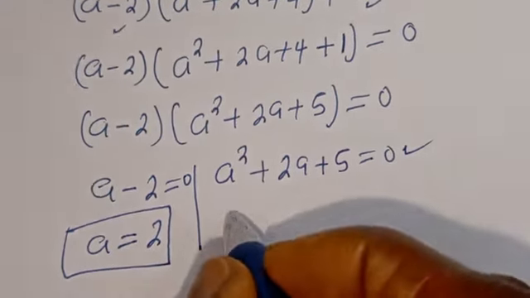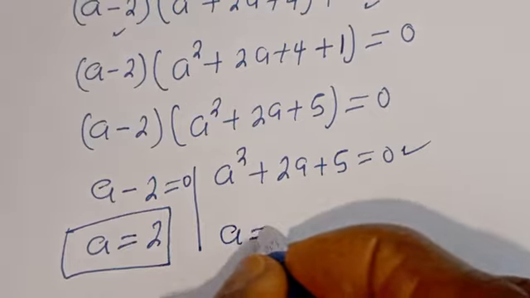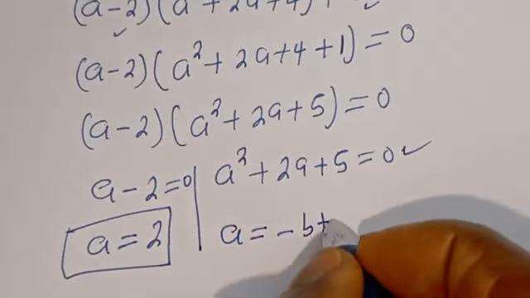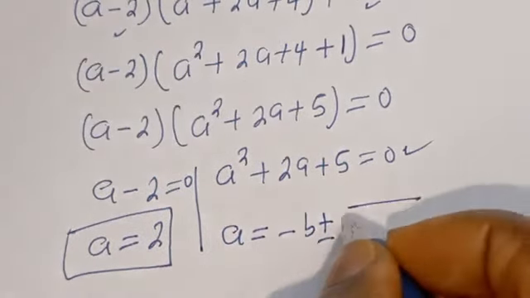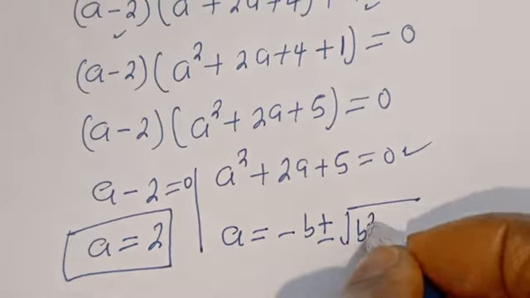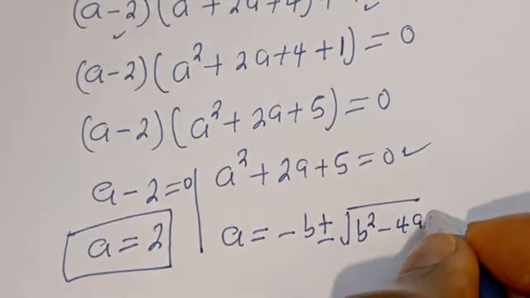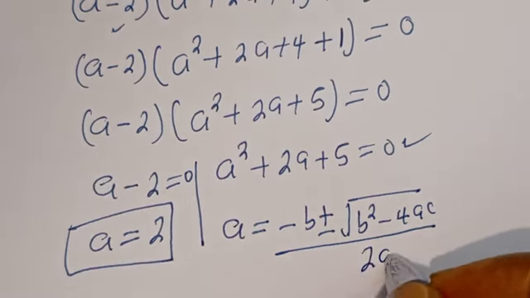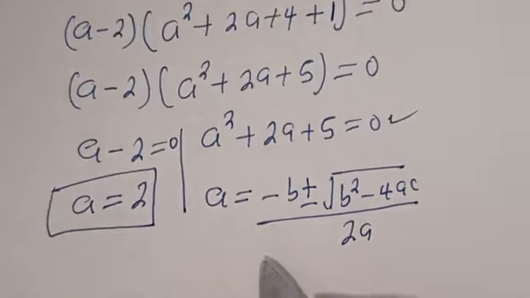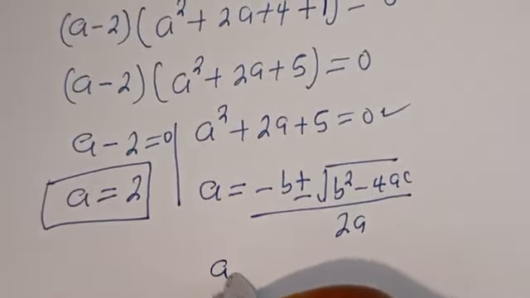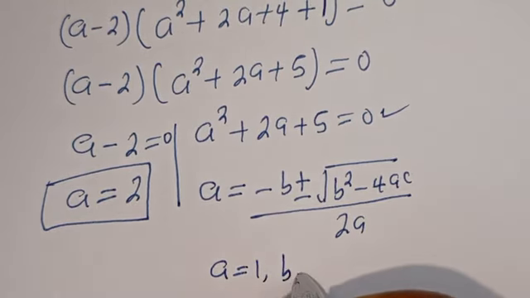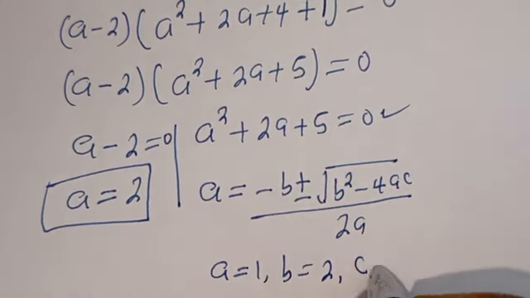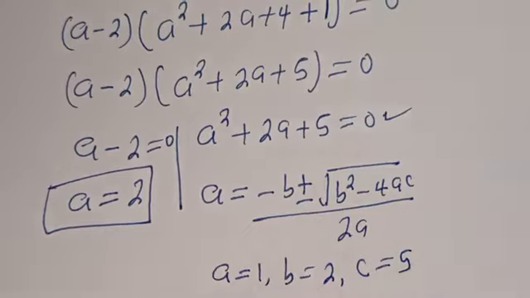And the quadratic general formula is given as a is equal to minus b plus or minus square root of b square minus 4ac, divided by 2a. And from this equation, a is equal to 1, b equal to 2, c equal to 5.